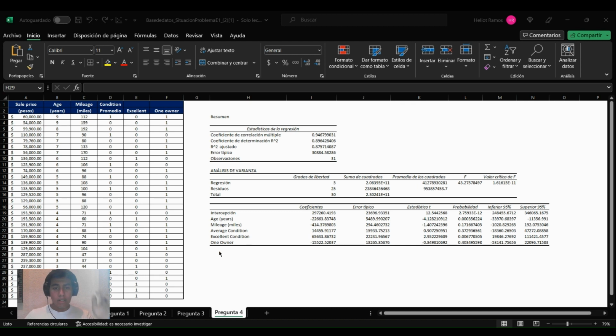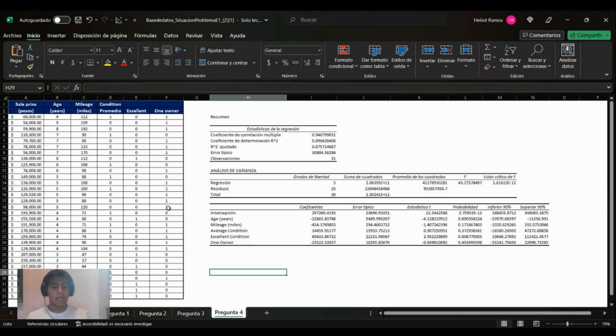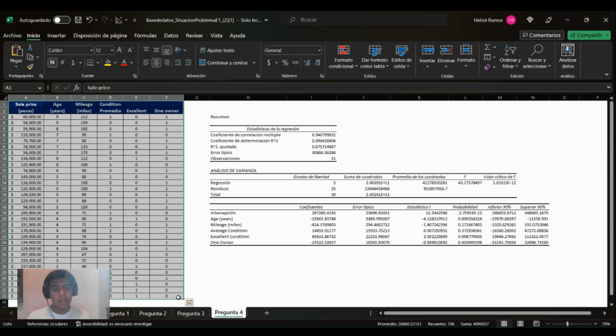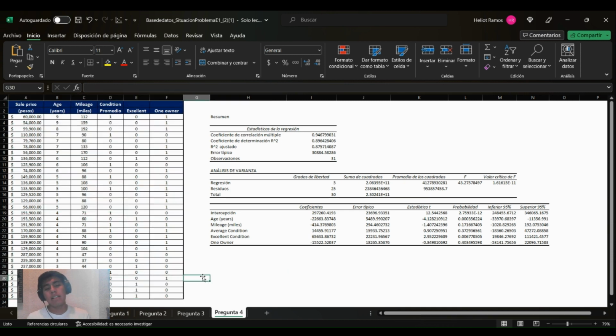Well, finally, we get to our last model. Here we used the whole matrix of data we had, the five independent variables and our single dependent variable. As I said earlier, with more variables, our correlation coefficient increases.